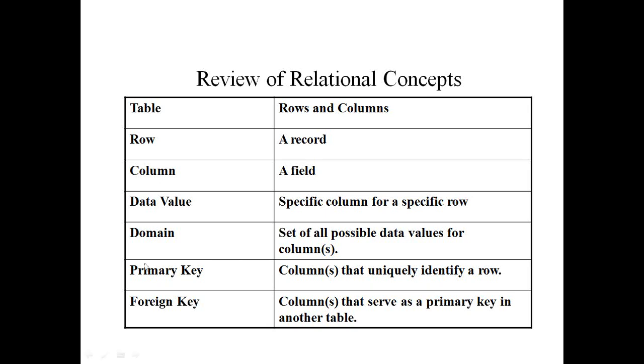Then we have a primary key. The primary key of the table is used to uniquely identify a particular row. So it is a column in the table which is used to identify a particular row uniquely.